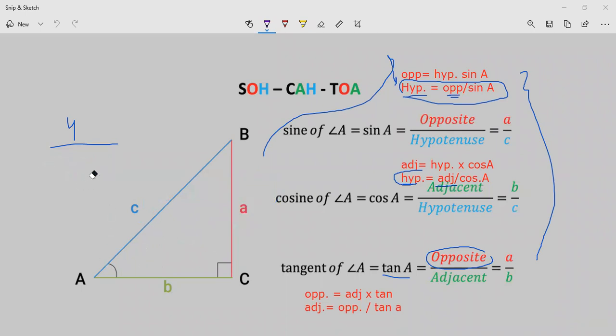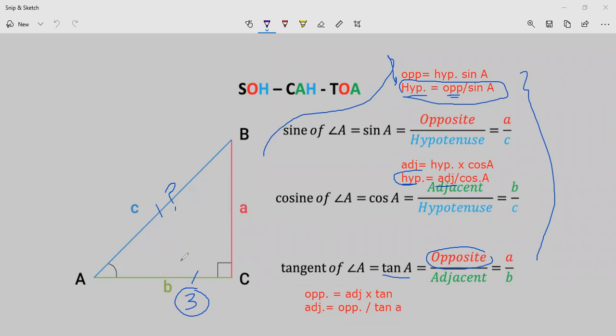Here, you are given this side or this side. So if you are given this side, which is 3, this is the adjacent, and I want to find this, which is the hypotenuse.